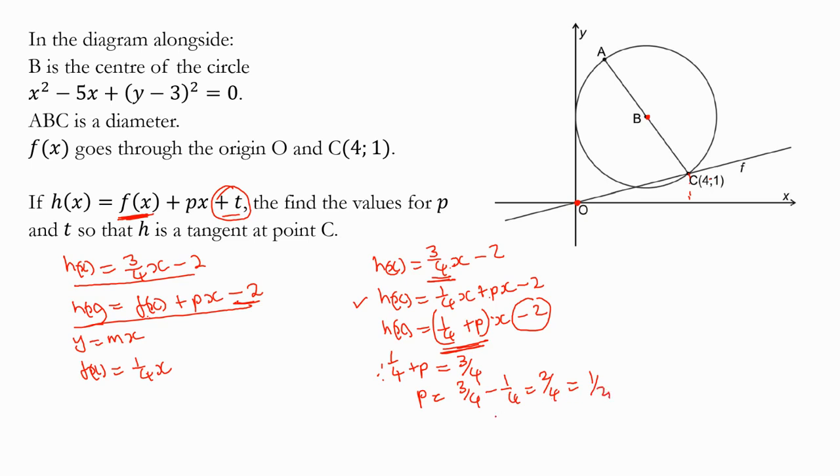So we've managed to find the value of p. Therefore, p is equal to 1 over 2, and t is equal to negative 2. Done. So that's what we're supposed to do there.